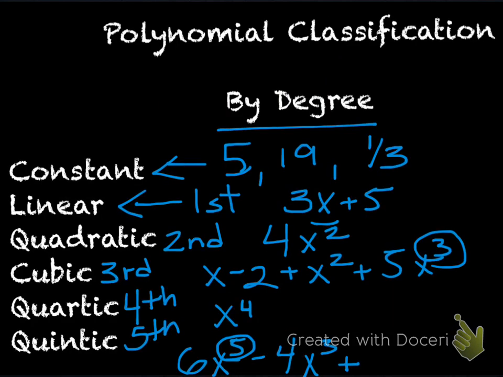You can classify those first, second, third degrees by their actual vocabulary name. You don't do both. You don't call something a first degree linear. You just say first degree or you say linear. I require you to use their proper name: constant, linear, quadratic, cubic, quartic, and quintic.